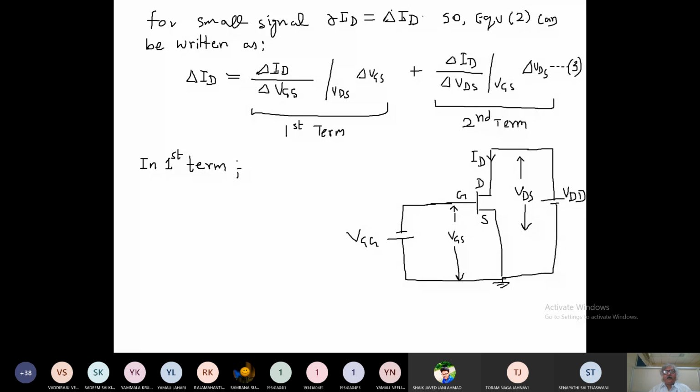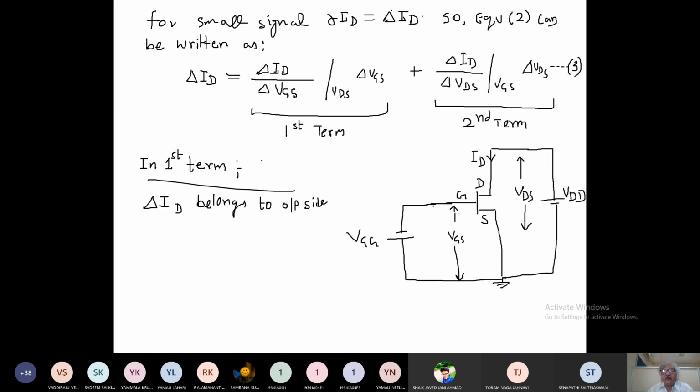Now you see in the first term, delta ID, a small change in the drain current, belongs to the output side.